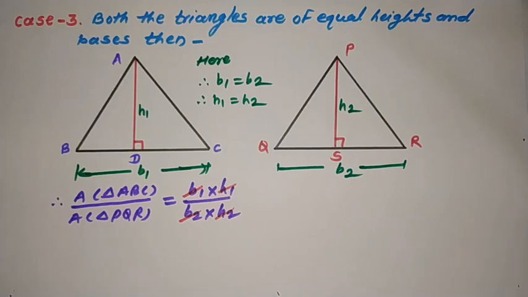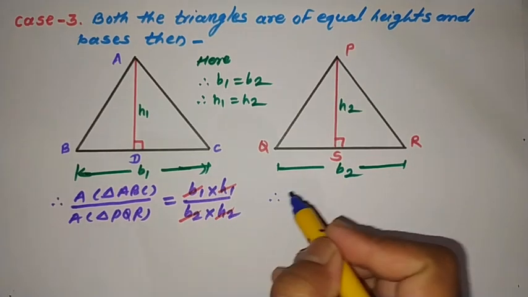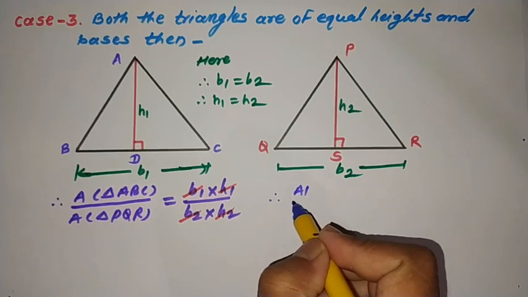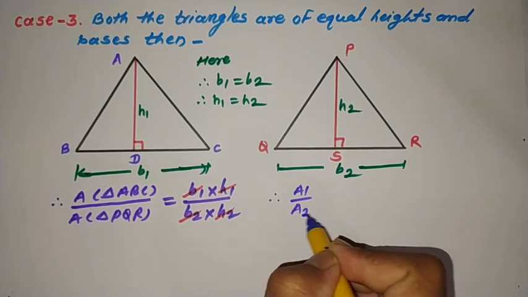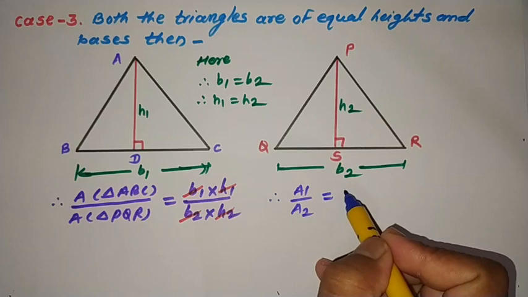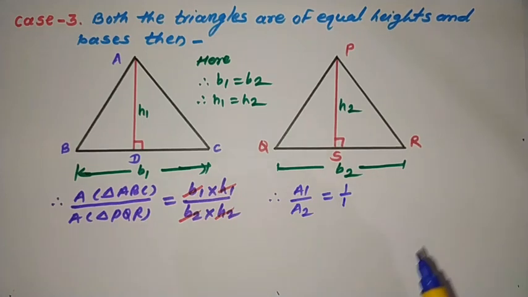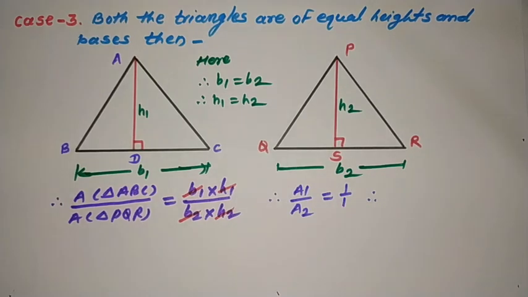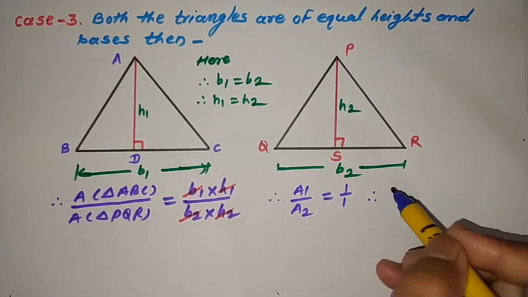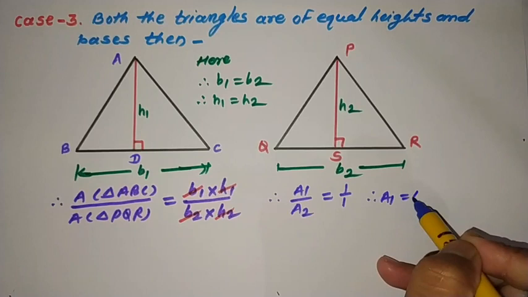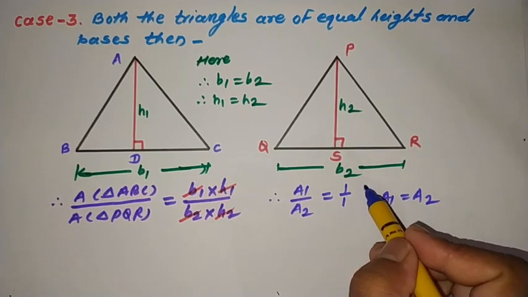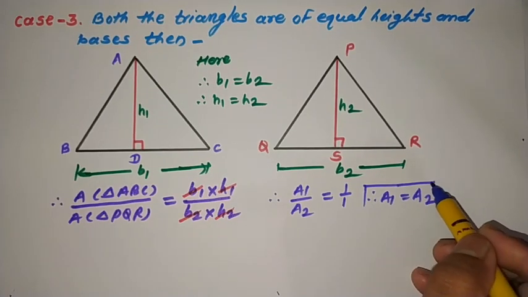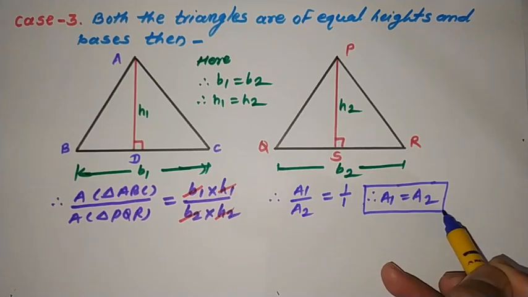Therefore area of first triangle A1 upon area of second triangle A2 is equal to 1 upon 1, and by cross multiplication of these two ratios, A1 is equal to A2. Here the areas of two triangles are the same.